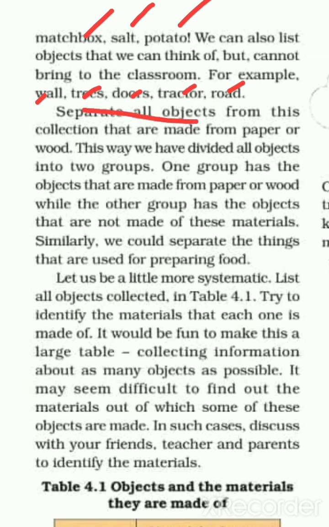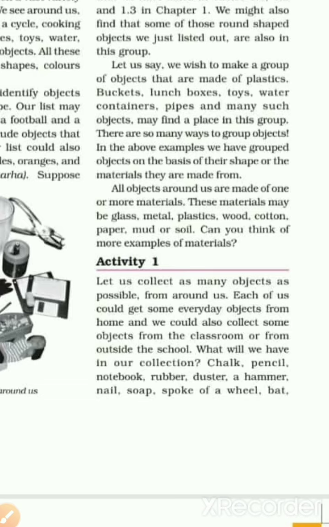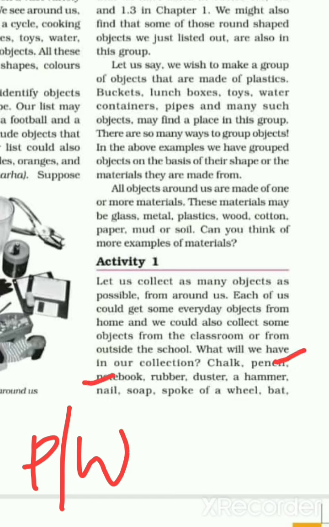Separate all objects from this collection that are made from paper or wood. So let's see those examples again. We need to concentrate on materials made up of paper and wood. So let's begin, paper and wood. Pencil, notebook, because a notebook includes paper and a pencil is made up of wood.